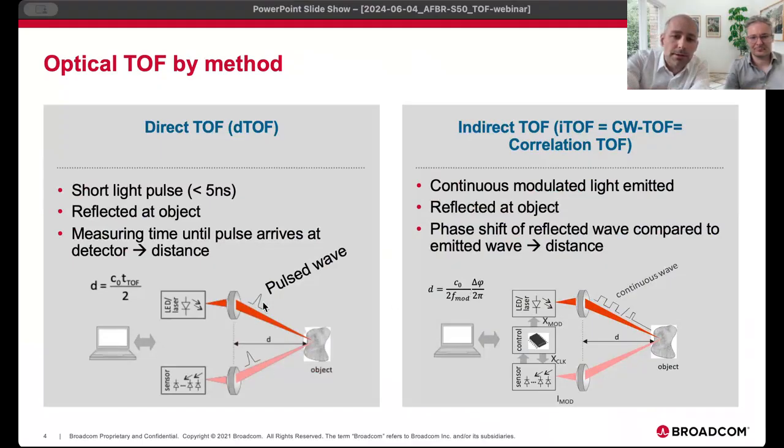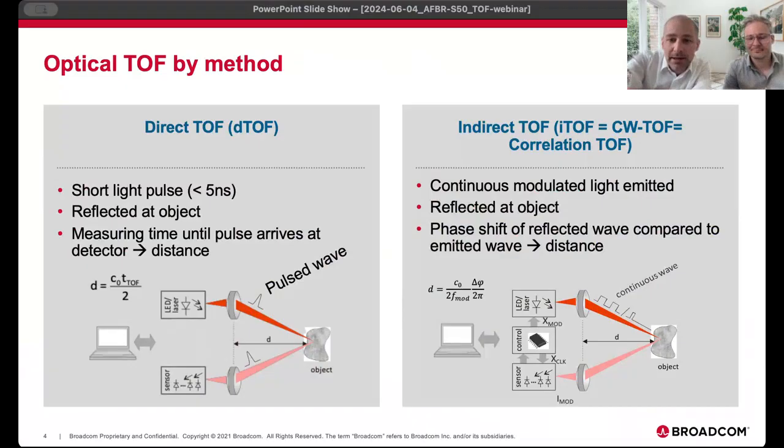You see here the pulse shape. This is targeted onto an object, reflected by the object, and then detected by a photodetector. When knowing the speed of light and comparing when you emitted the light pulse and when you detect it, you can calculate the distance to the object. This sounds very easy. In practice, it's a bit more difficult than that.